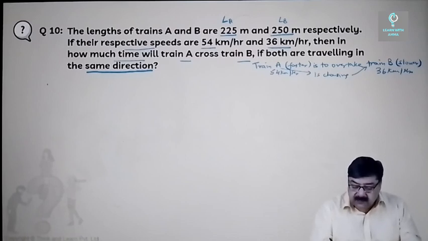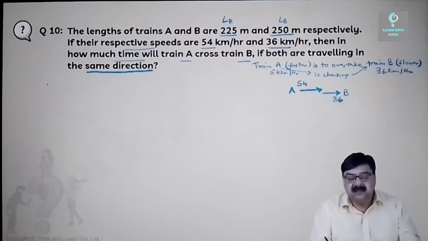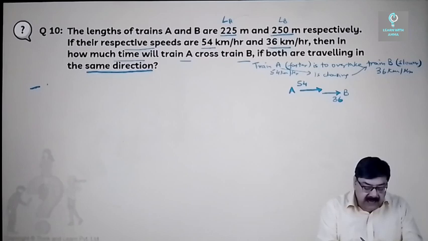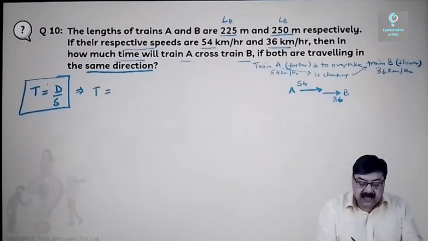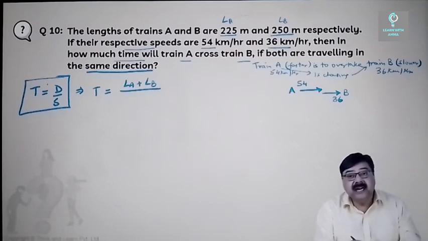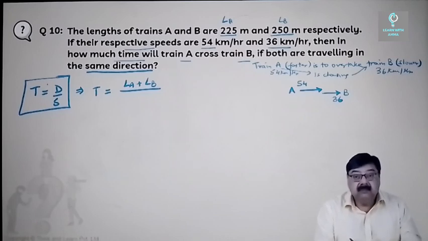So in that case, this is train A traveling at a faster pace, and this is chasing train B traveling at a slower pace. So time, as we know, is distance by speed. So time taken here shall be the sum of the lengths of the two trains divided by the relative speed.